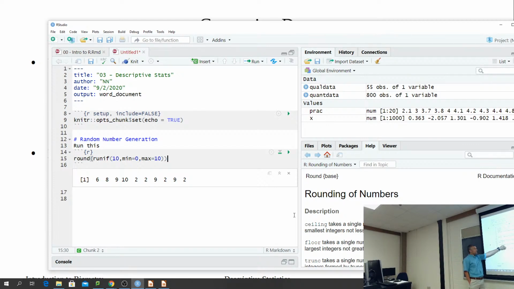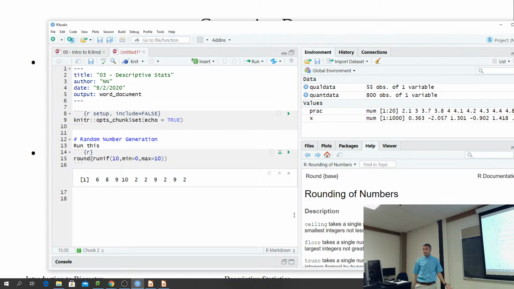We're going to generate a random distribution, drawing 10 random numbers from the uniform distribution, unif. We've specified we want our 10 numbers to come between 0 and 10. It's a continuous distribution, so you could take any number between 0 and 10. We're going to round it, and the default is to round to whole numbers. So I get this. How many people got these exact numbers?